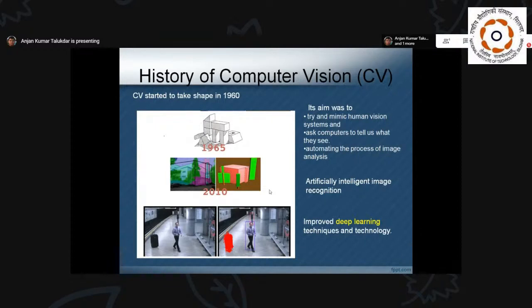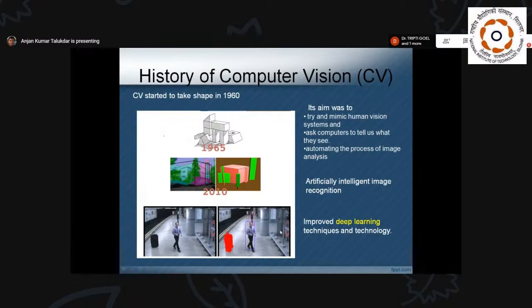It was mixed with the computer vision algorithm, and so image recognition became much easier. So basically, these new features were added also. Then segmentation techniques were also improved. So this is how the computer vision techniques were evolving.